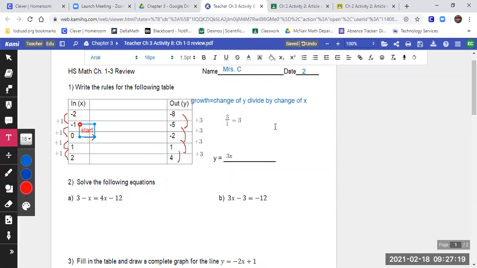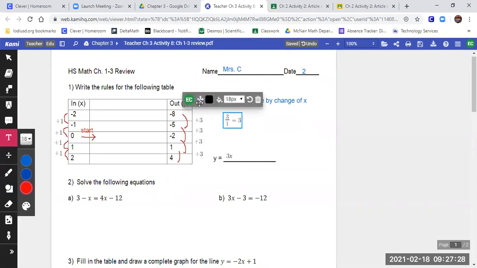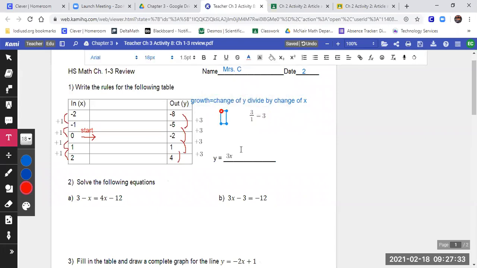So for this problem, what is our start value? What's with our 0?